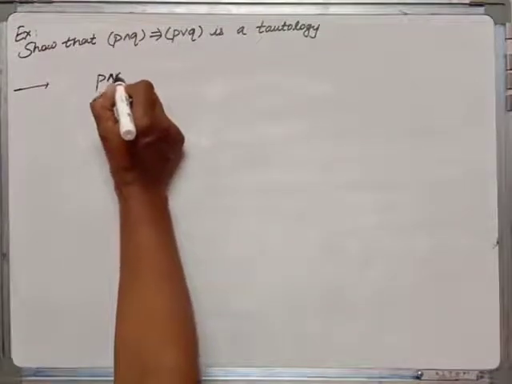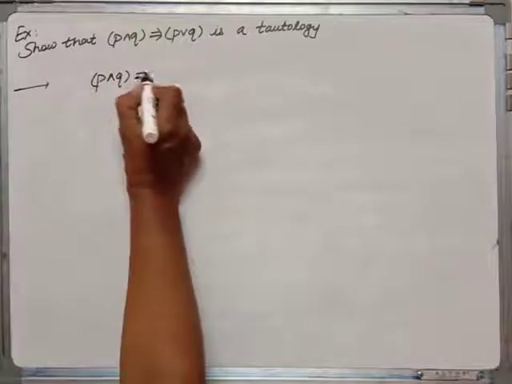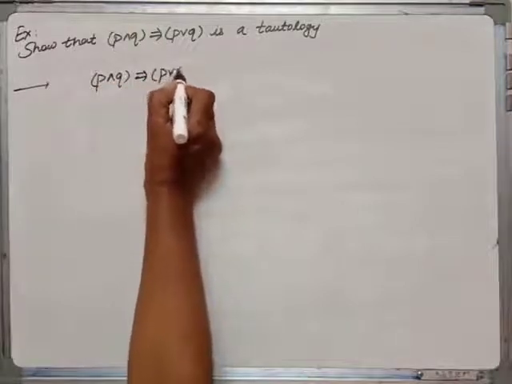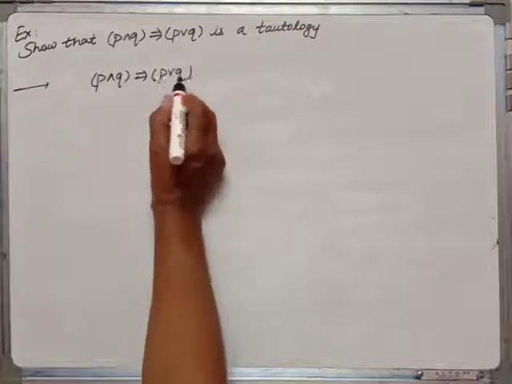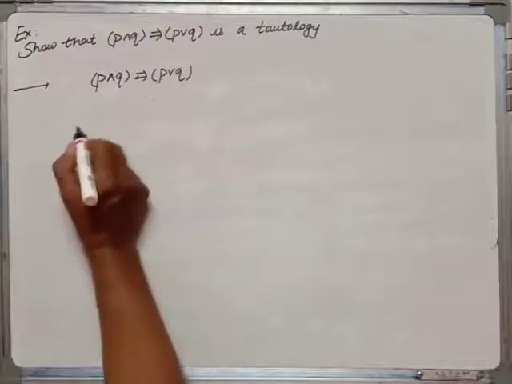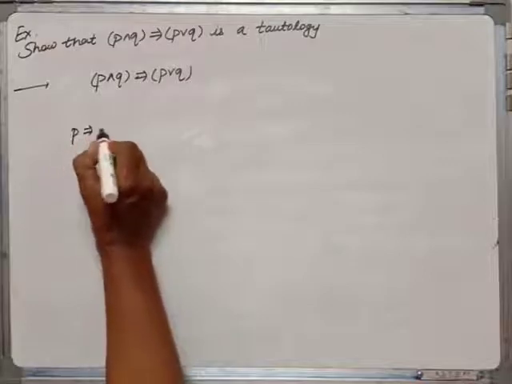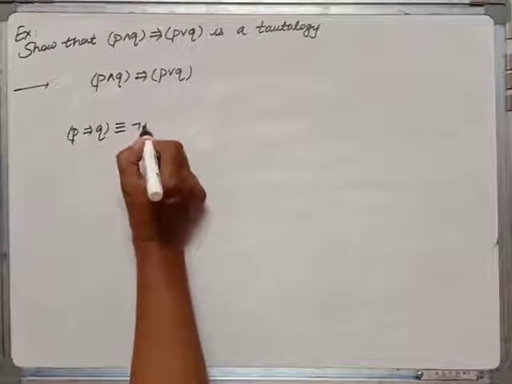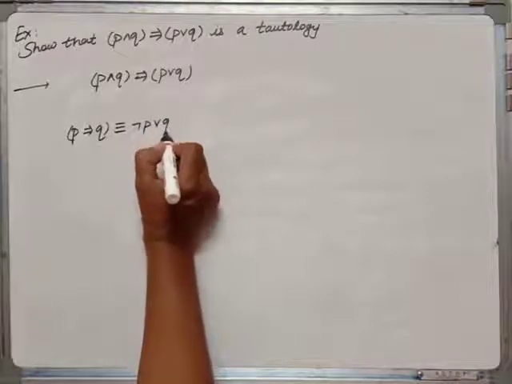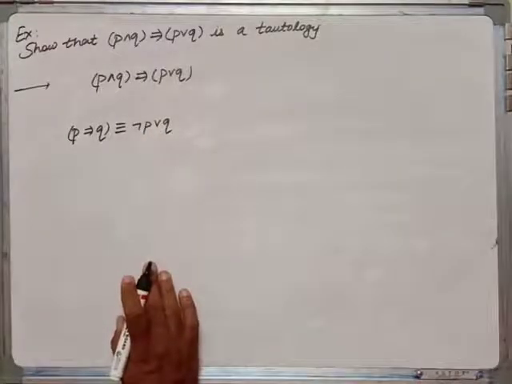So P and Q implies P or Q. Now here P and Q is our premise and P or Q is our consequence. You know one logical identity is P implies Q is equivalent to negation P or Q. This is implication.